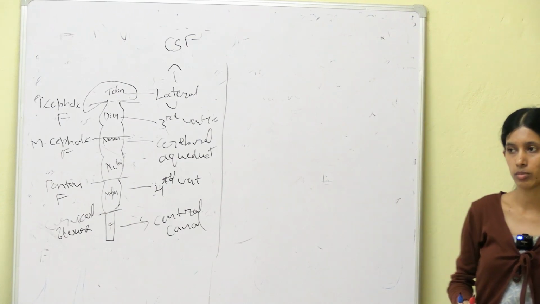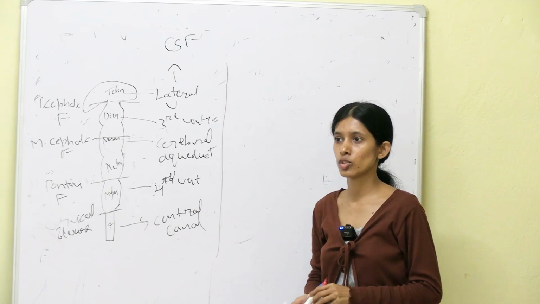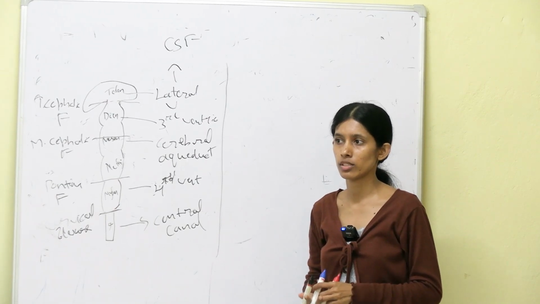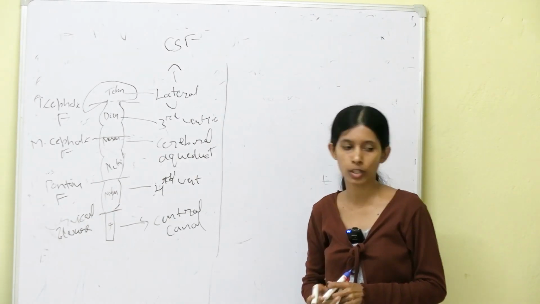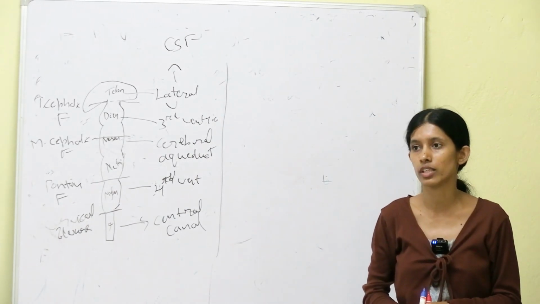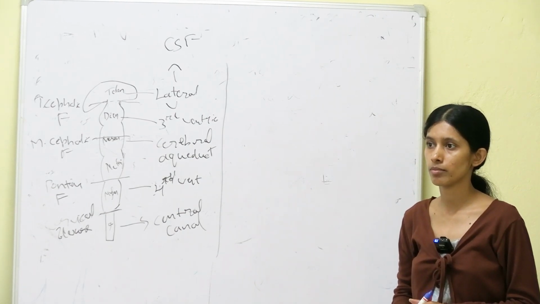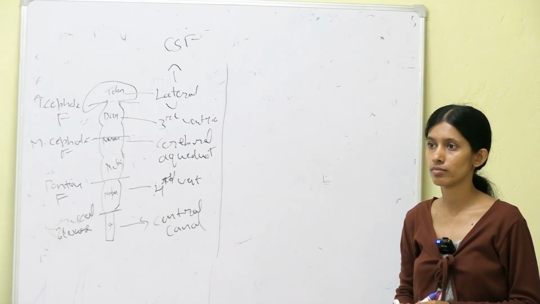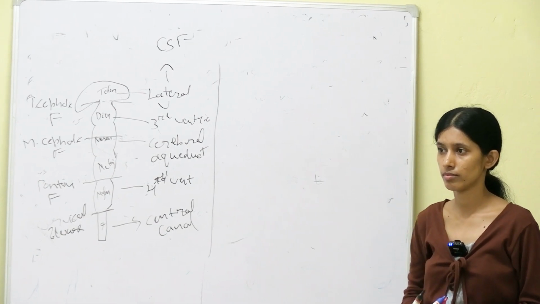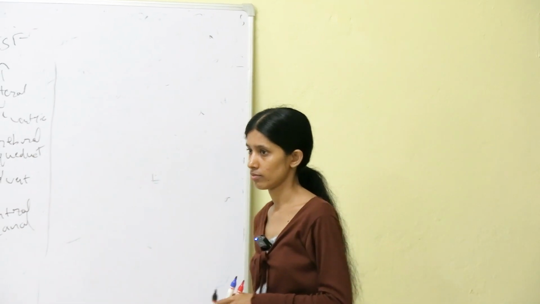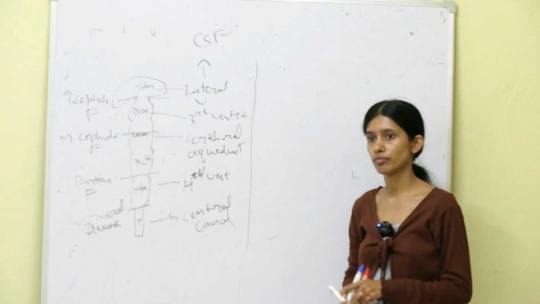So tell me what exactly is CSF? What are all the components of CSF and where can we see the formation of CSF? What is the function of CSF at least?